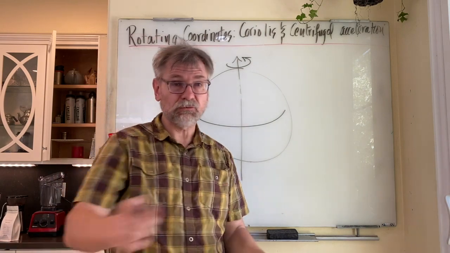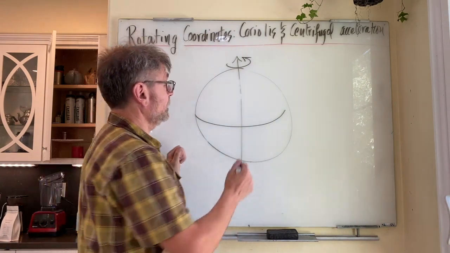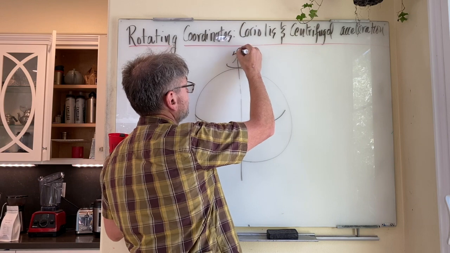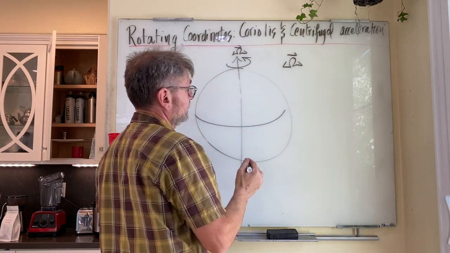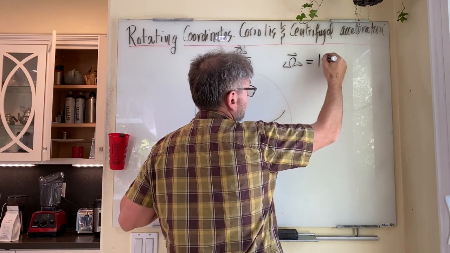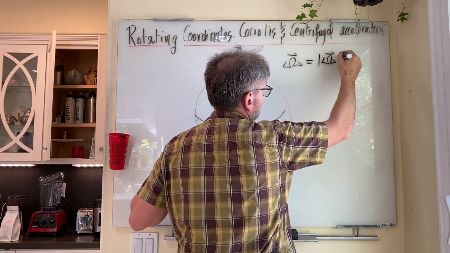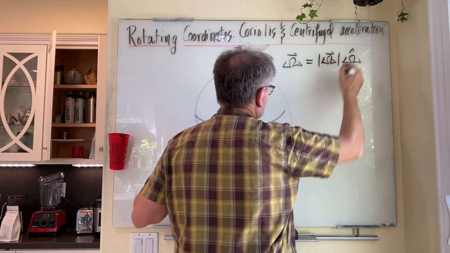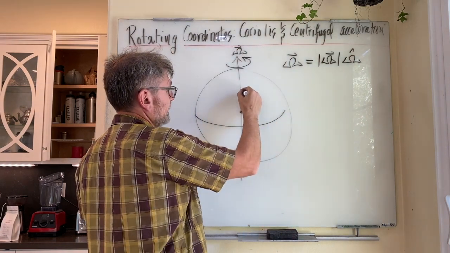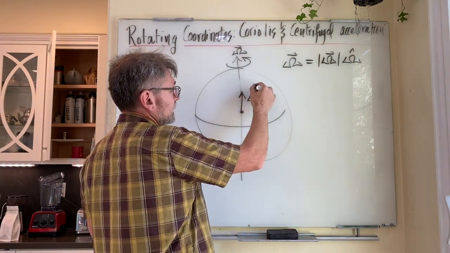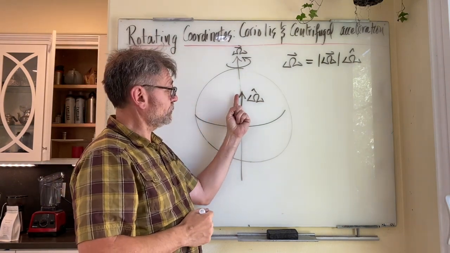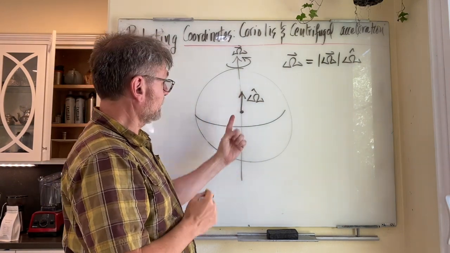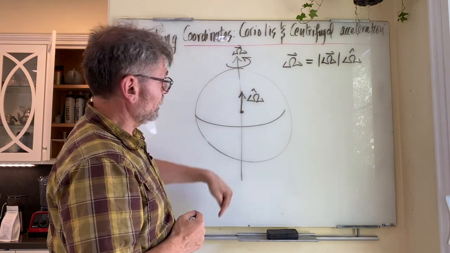And there's also a magnitude to it, right? The Earth does one full turn every day. So we're going to describe it using a vector, omega, and that vector has a magnitude, omega, and a direction, omega hat, given by a unit vector aligned with the spin axis of the Earth. And of course there are 2 choices. We can align it so that it points towards the North Pole or the South Pole.